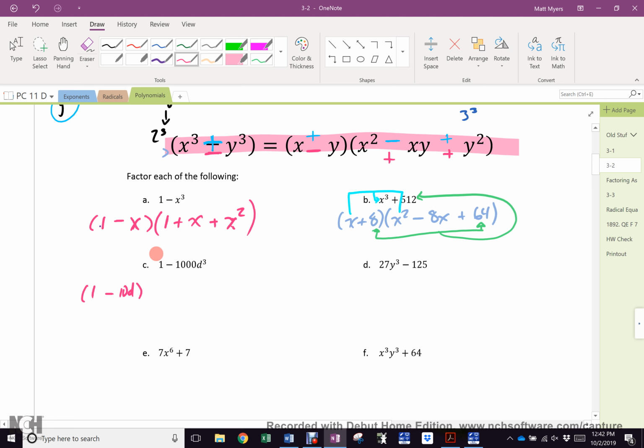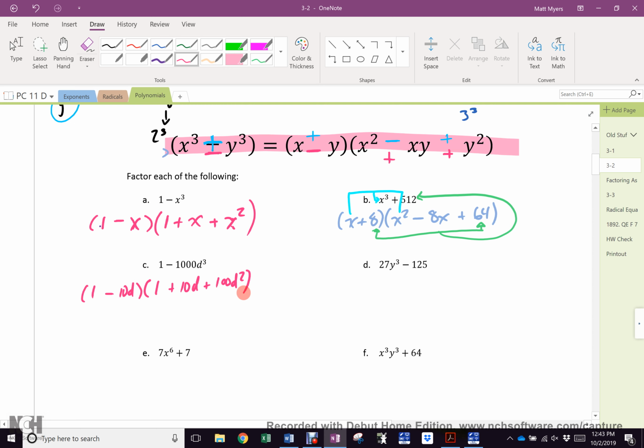Then it's super easy. What is it? 1, 10D, 10D squared? 100D squared.